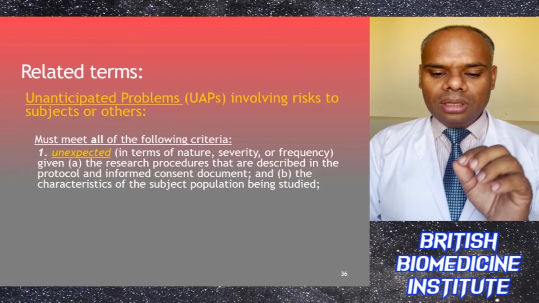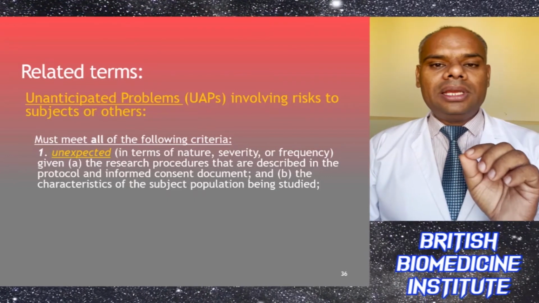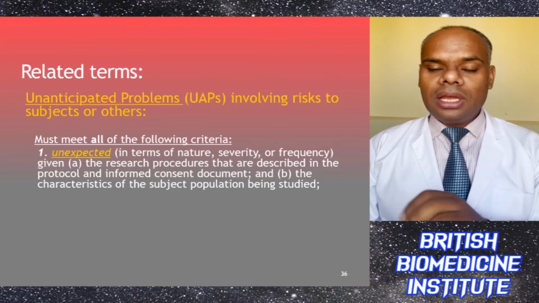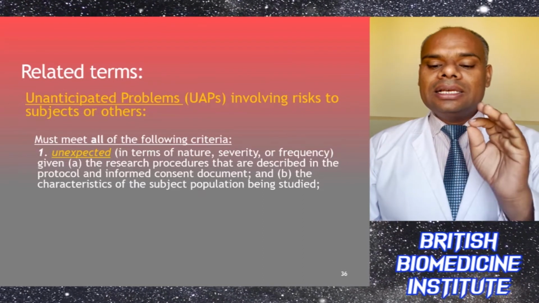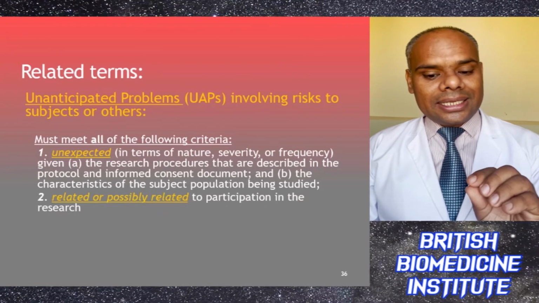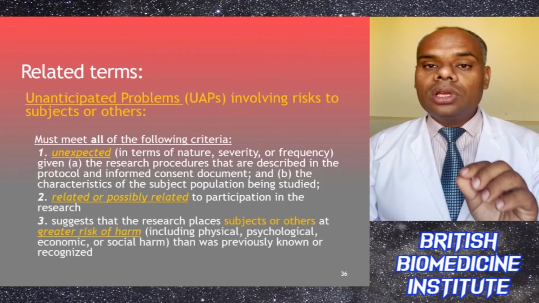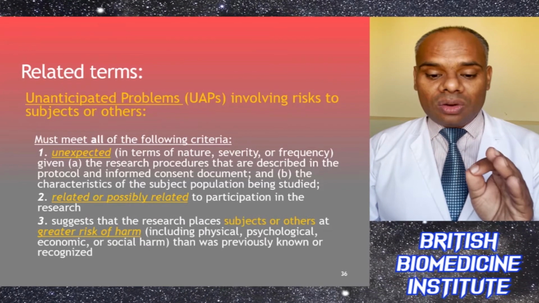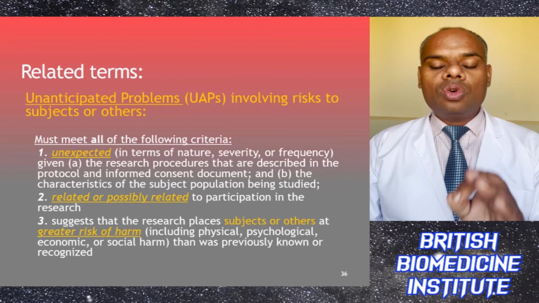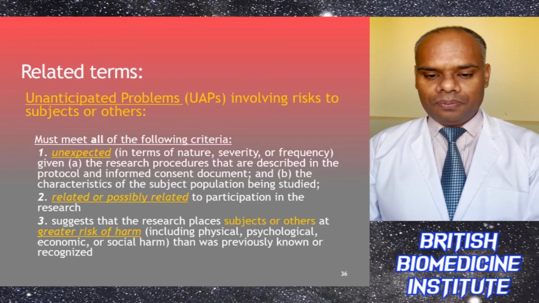Second, related or possibly related to participation in the research. And third, suggests that the research places subjects or others at greater risk of harm, including physical, psychological, economic and social harm, than was previously known or recognized.